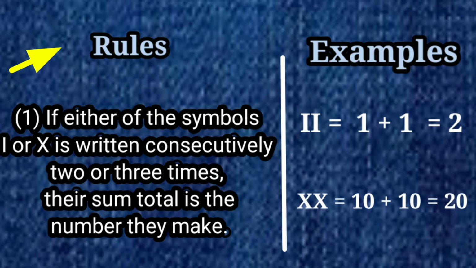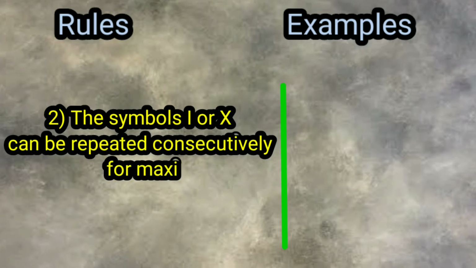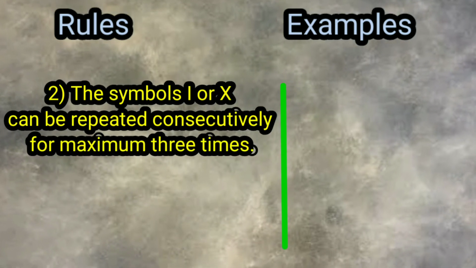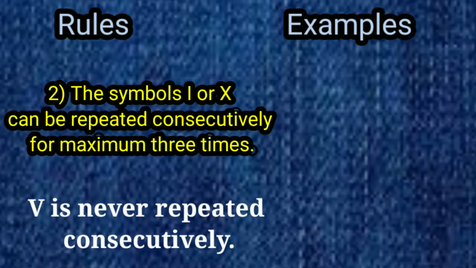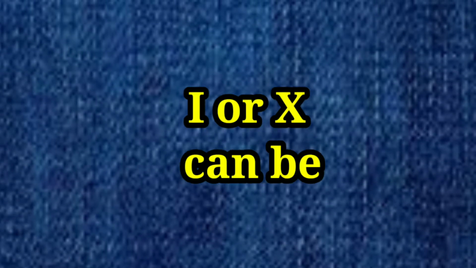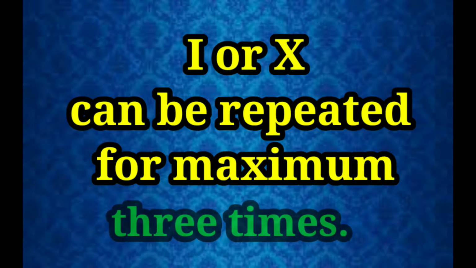The second rule: the symbol I or X can be repeated consecutively a maximum of 3 times. V is never repeated consecutively. This means that I or X are repeated a maximum of 3 times only.